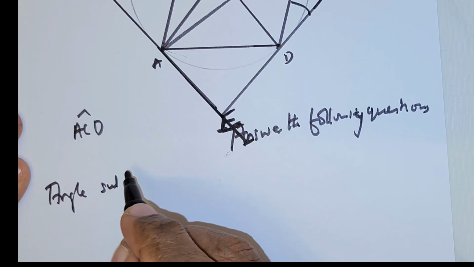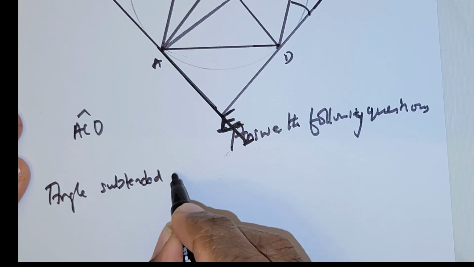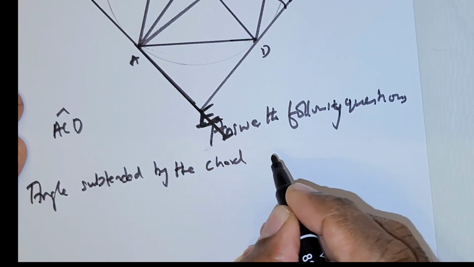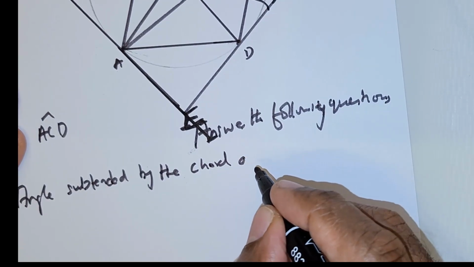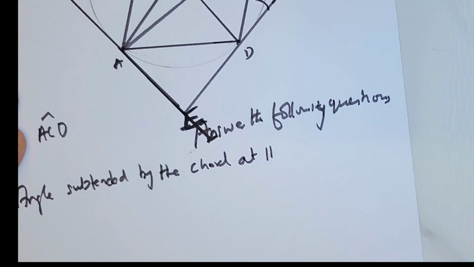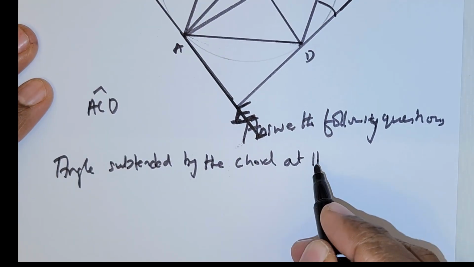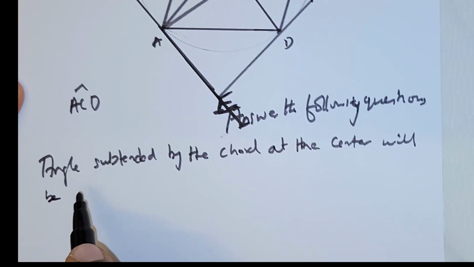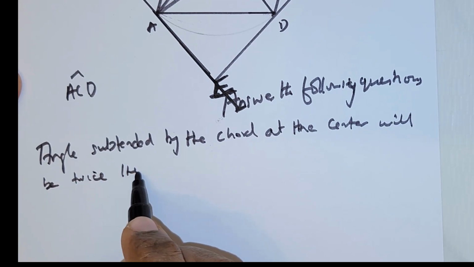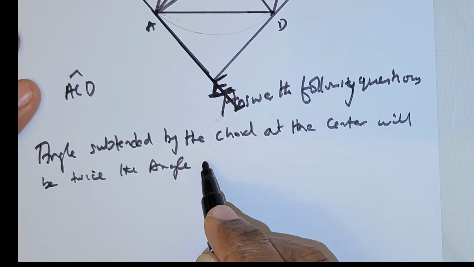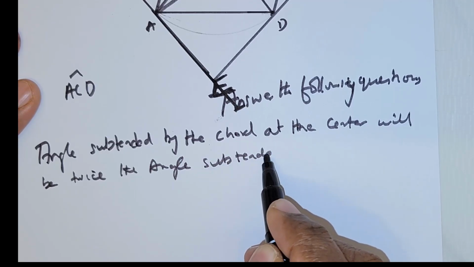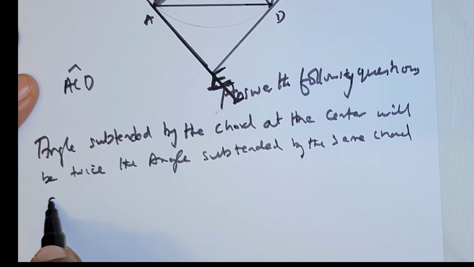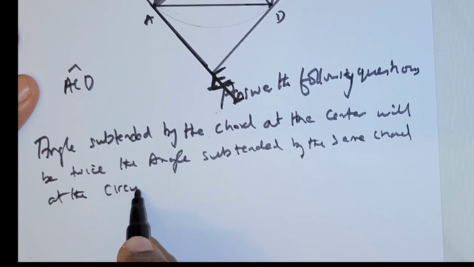Angle subtended by the chord at the center will be twice the angle subtended by the same chord with the circumference.